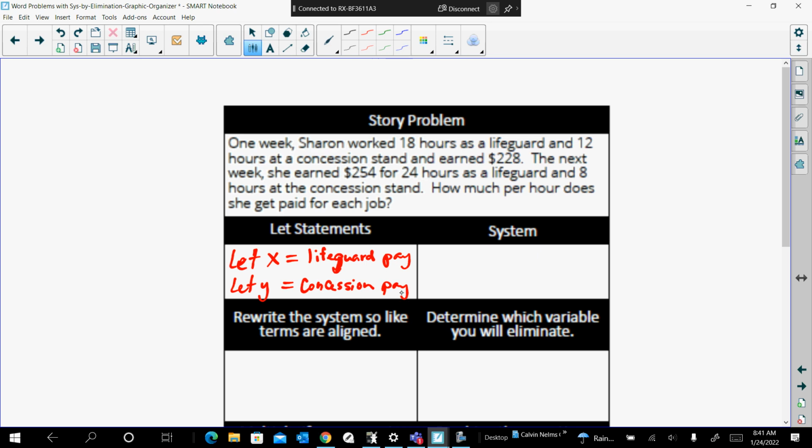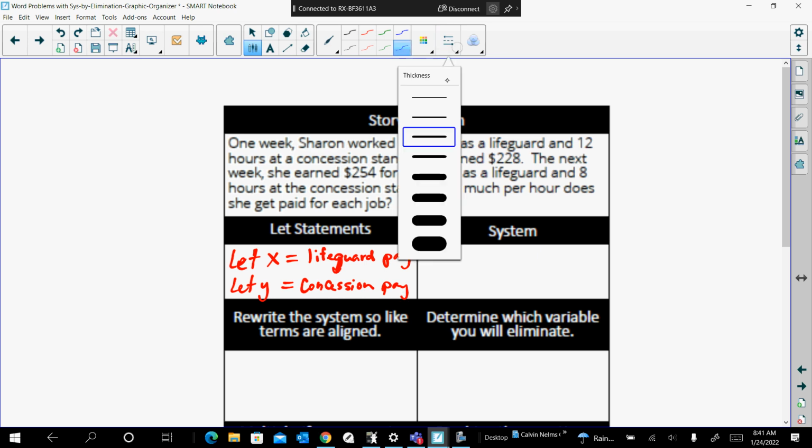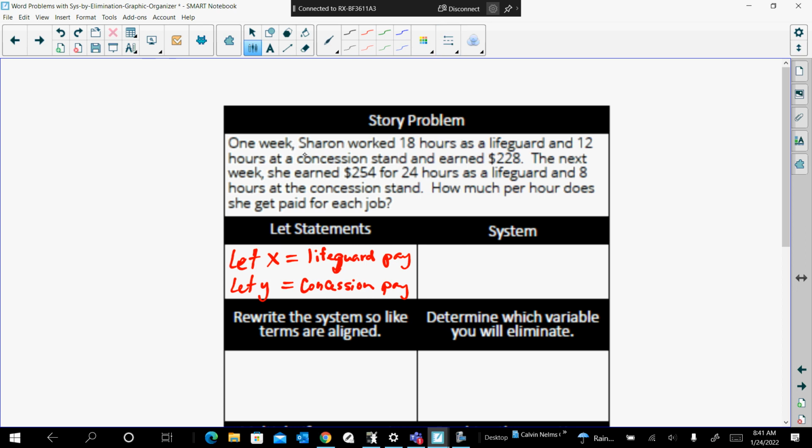Okay. All right, so now we're gonna write a system to correspond with our sentence right here. Sharon worked 18 hours as a lifeguard and 12 hours at a concession stand and earned $228. How would I write that as an equation now that I defined our X and Y?